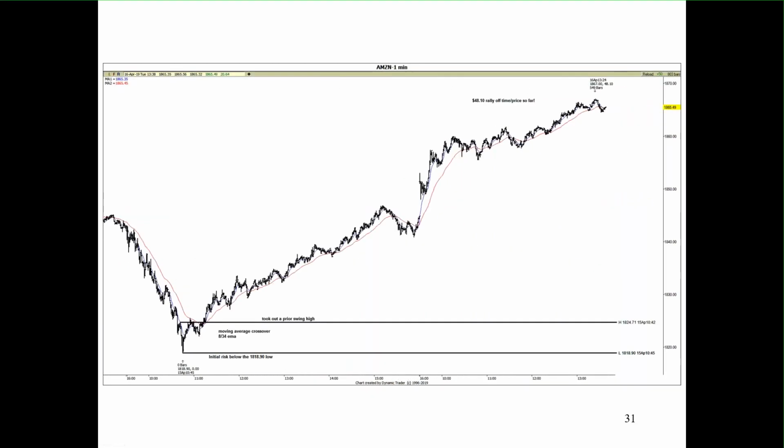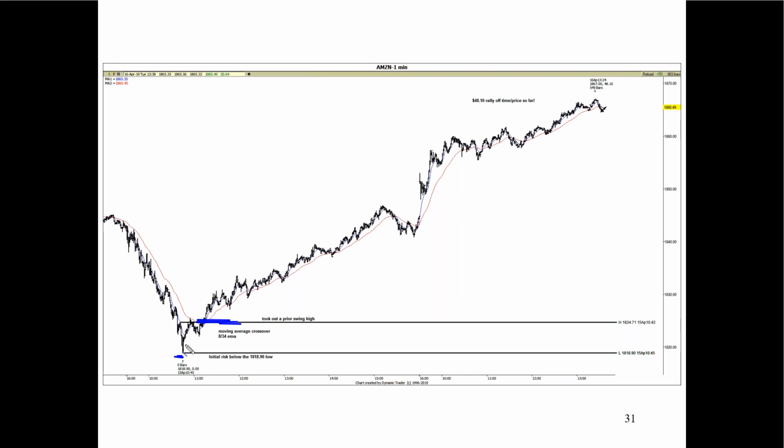Let's go back to the right slide here. So then we took out a prior swing high. That's one of the things I want to see besides the 8/34 EMA crossover to the upside. So once both of those things occurred, it was time to be a buyer with your initial risk underneath this low or underneath the zone, like I explained.